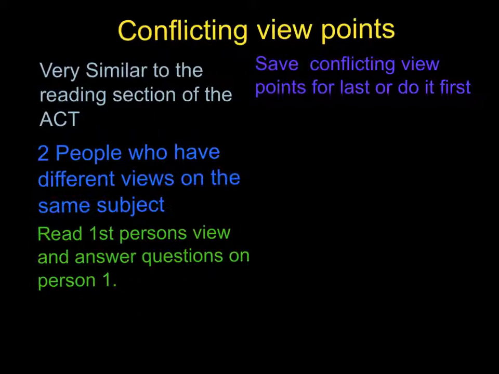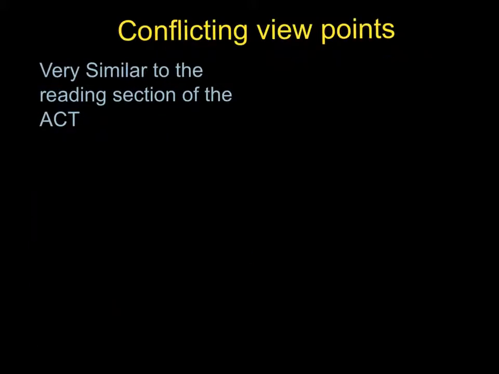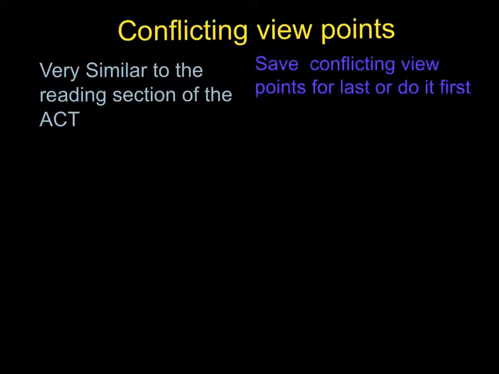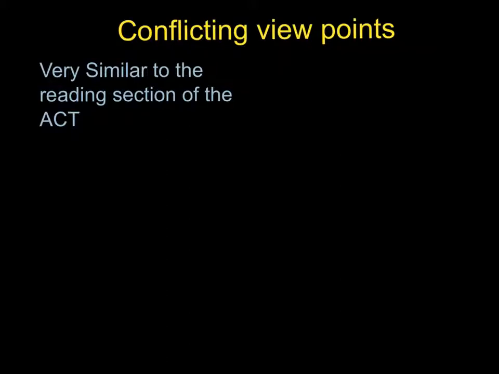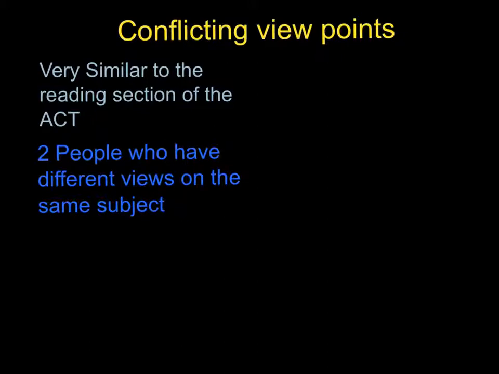And that is conflicting viewpoints. The conflicting viewpoints section is very similar to the reading section of the ACT. You will be given a passage with two people who have different views on the same subject. Each one will write a short essay or a paragraph or 2 on their views, and you will have to answer questions on them.